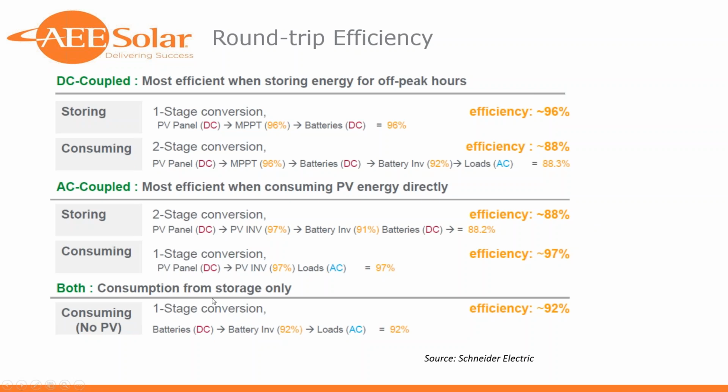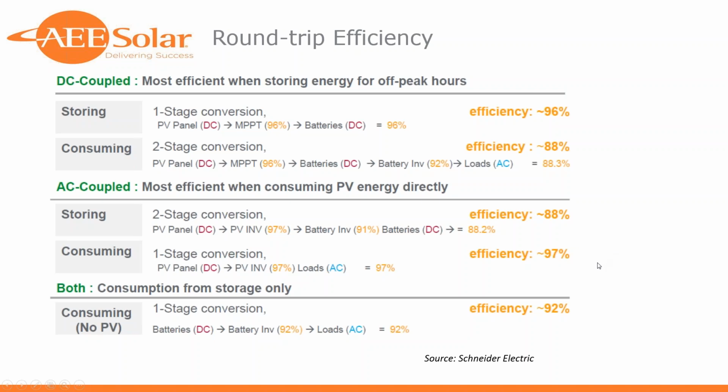Consuming with single stage conversion, this is as simple and as efficient as an AC coupled system can get. We've got wattage from the array to the PV inverter, 97% efficient. And these slides are a few years old, so that number has risen to 98.5%. Out to the AC loads, call it 97% for the purposes of this exercise.